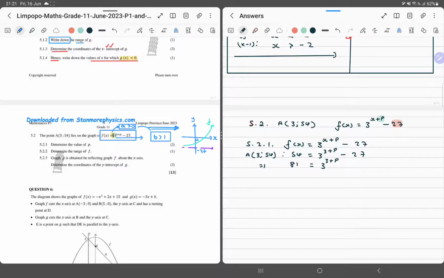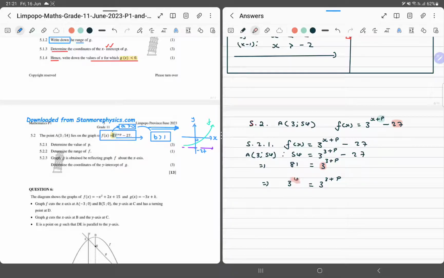Now can we express this? Our key now is this base. Can we express 81 in terms of a power of base 3? Yes, we can. It's base 3 to exponent 4. This is 3 to the 3 plus p.